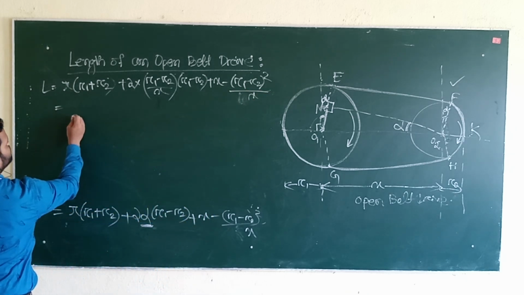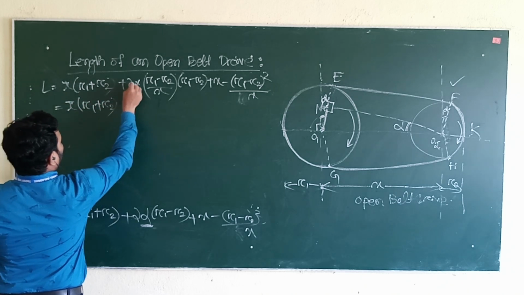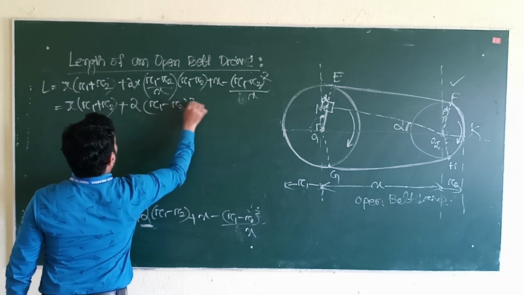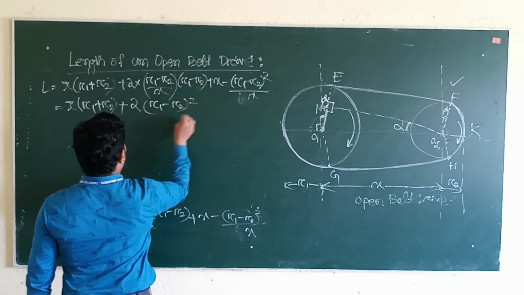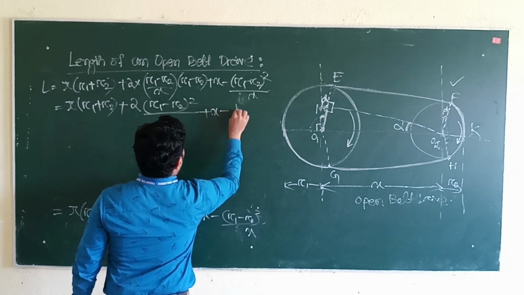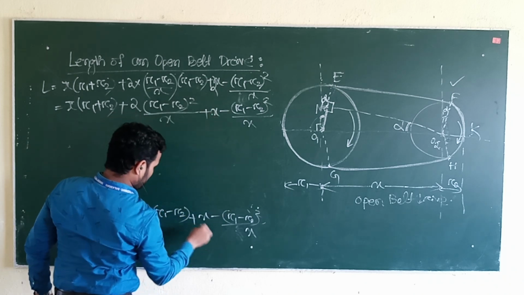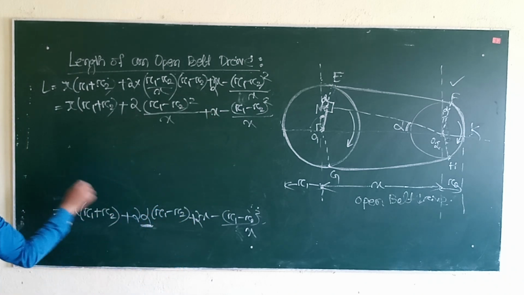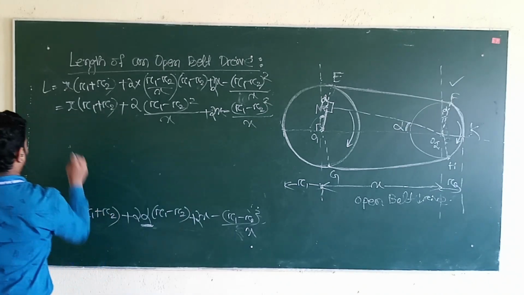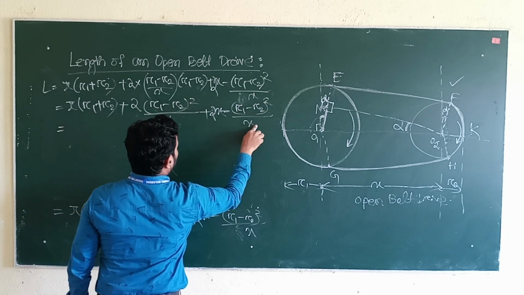So now here you will see pi (R1 plus R2) plus 2 into (R1 minus R2) square divided by x, plus x minus (R1 minus R2) square divided by x. So this becomes 2x now. When we multiply 2, it becomes 2x. Here you will also see (R1 minus R2) square by x.